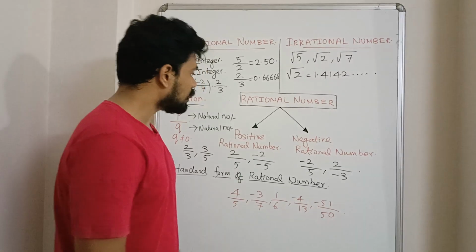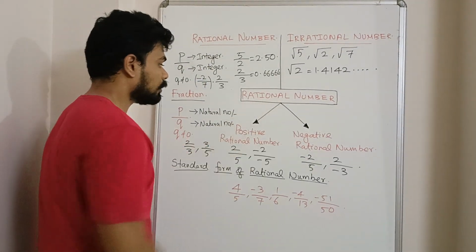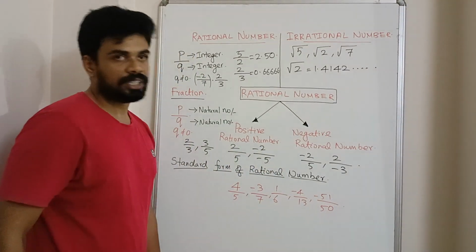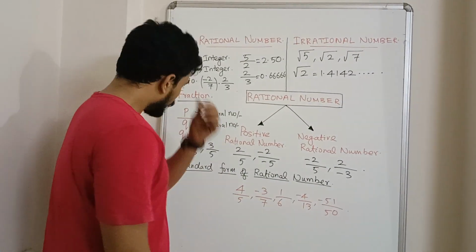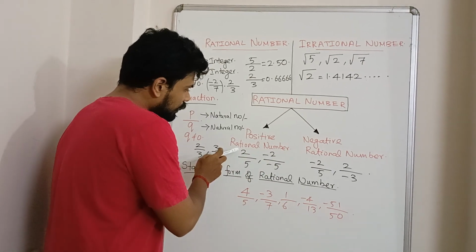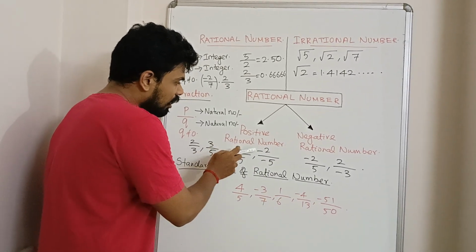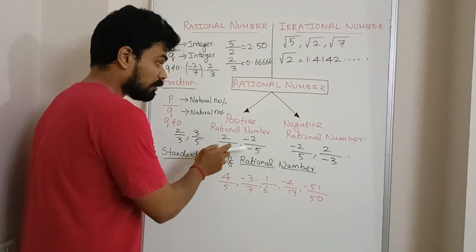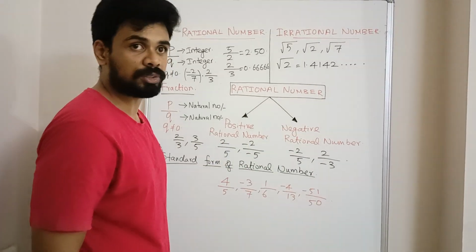Now, rational numbers are divided into two types: positive rational numbers and negative rational numbers. See, in this example, both the numerator and denominator are of the same sign, which means either both are positive or both are negative. The final result will obviously be positive.